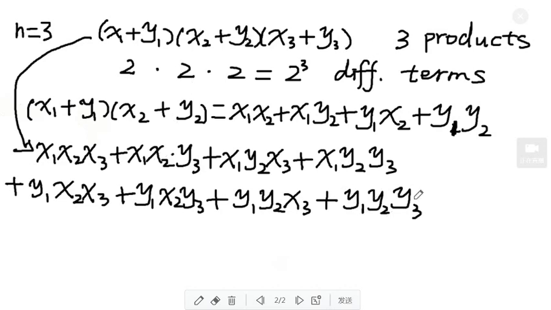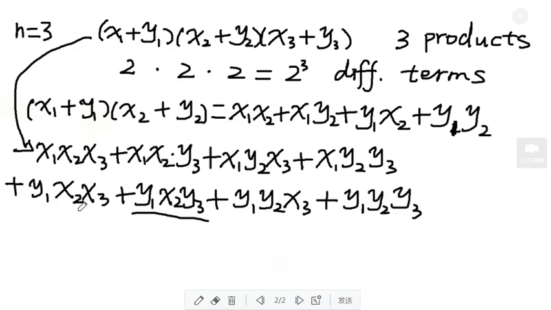So this is the way how we read it. For example, this one, okay? This one means you choose y in the first parenthesis, you choose x in the second parenthesis, you choose y again in the third parenthesis, in that way, okay? So here we get 8 different terms. So that's what we said.